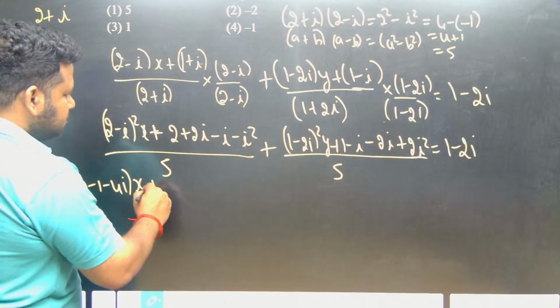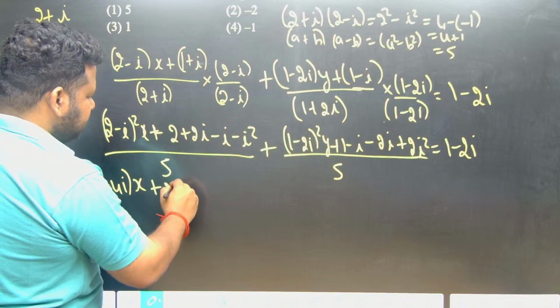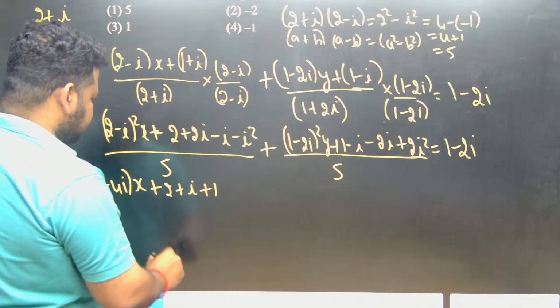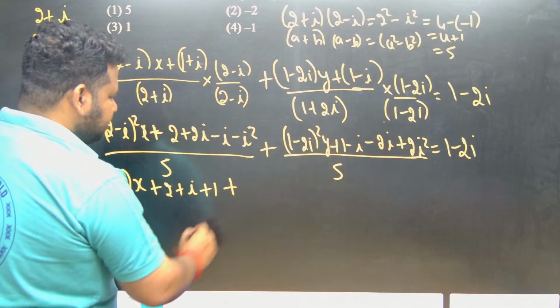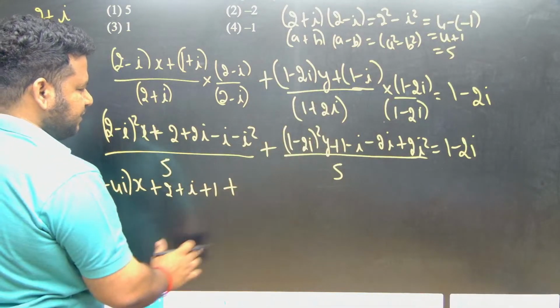Plus, what we are having: 2 plus 2i minus i, minus i square, i square is minus 1, minus into minus is plus 1, divided by 5, keep it as it is. What I will do is send this 5 to the RHS, because both denominators are 5, I can send it to the RHS.